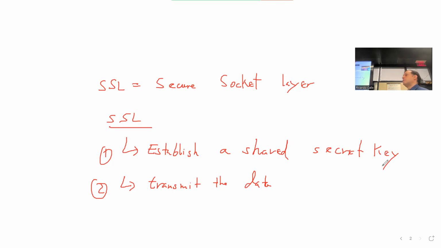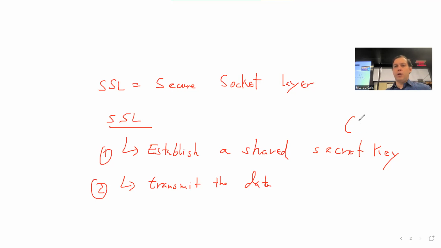Sounds simple, but a lot goes into this. If it wasn't for a whole set of math and a set of algorithms, this would not be possible in a practical way. So how do we solve this one? Some of you probably already know this. How do we share the secret key? For now, this is a complicated topic to grasp.